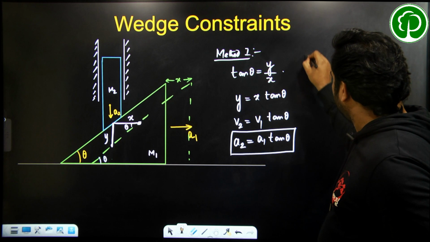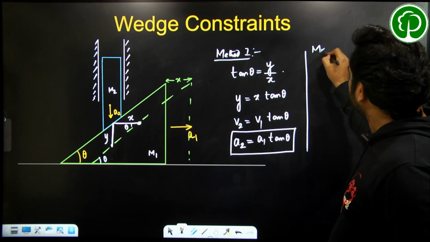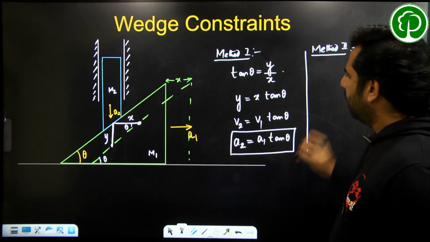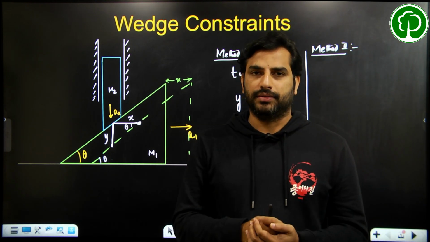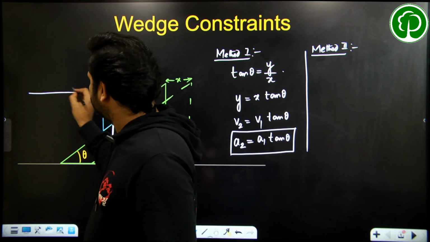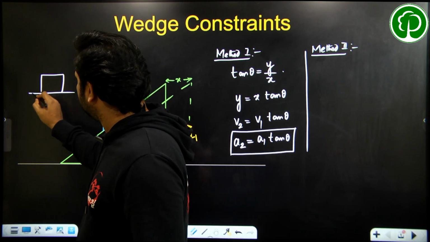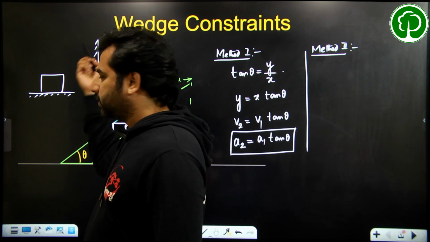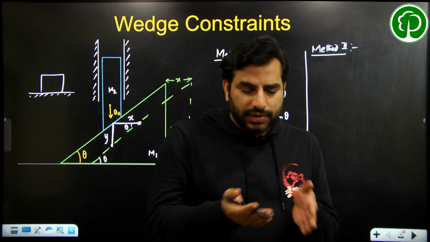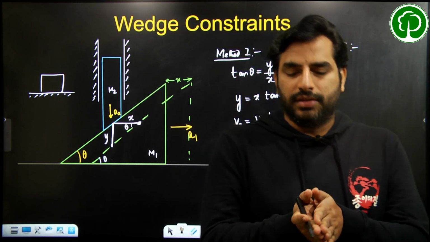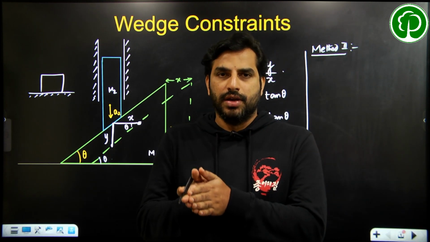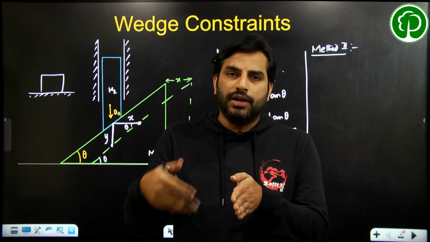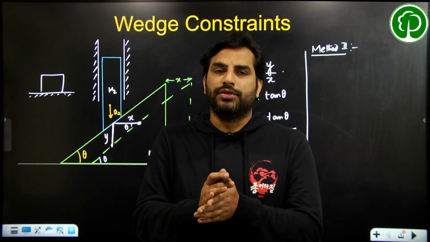Method 2, another simple method. The logic we are applying is, if two surfaces are in contact, say a block is placed on the ground, or there are two blocks one on the other, the surfaces can slide on each other, but the components of the velocities of these two surfaces perpendicular to the surfaces of contact should be the same.